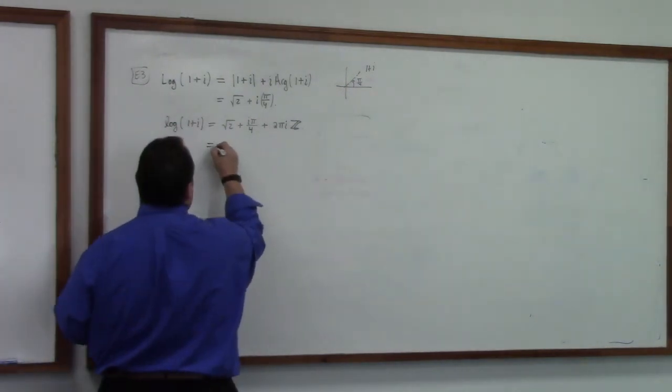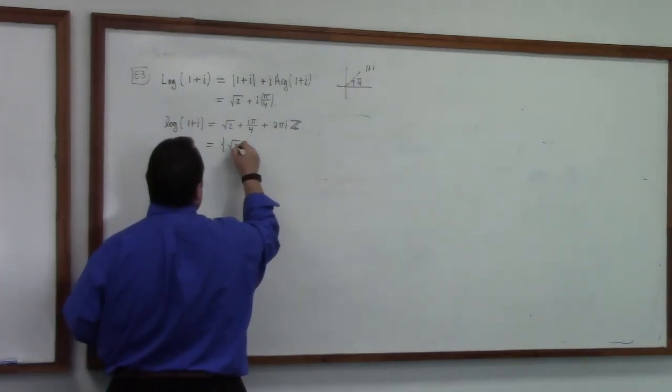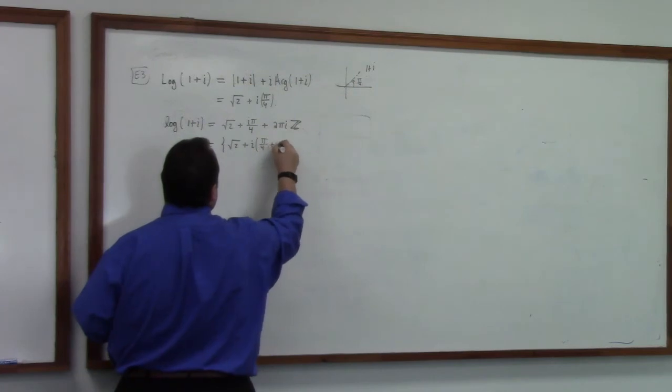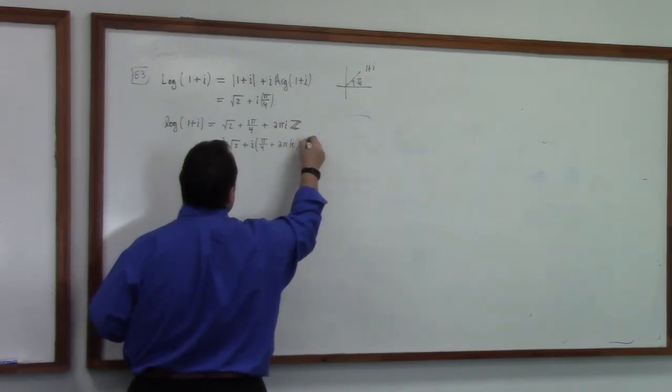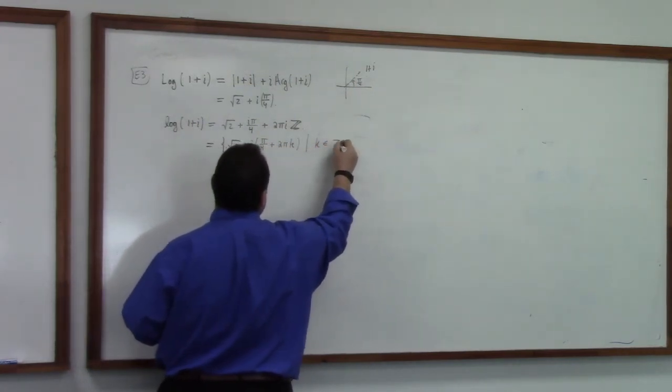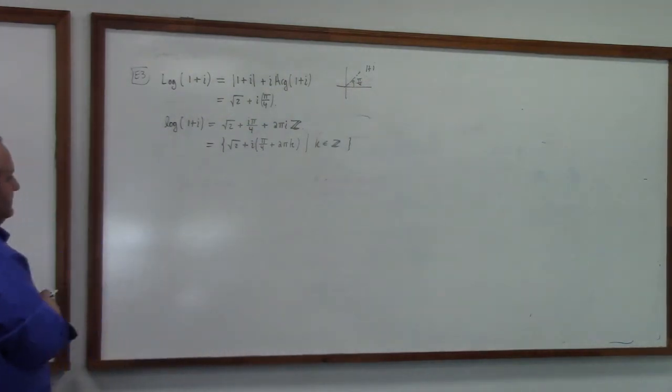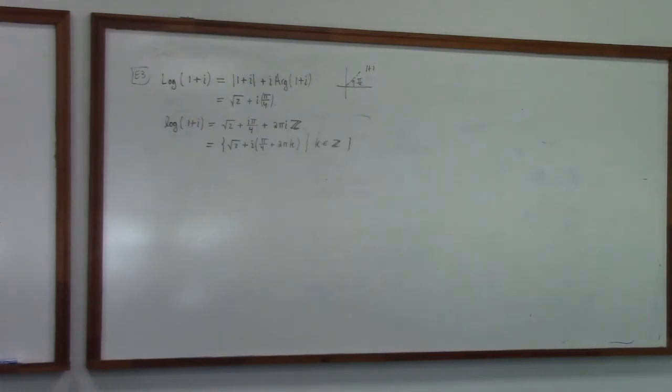I can make it more explicit here. What we're looking at really is log of square root of 2 plus i times pi over 4 plus 2 pi k, such that k is an integer. If you don't know what I meant by what I wrote above, that's what I meant. It's all those values.